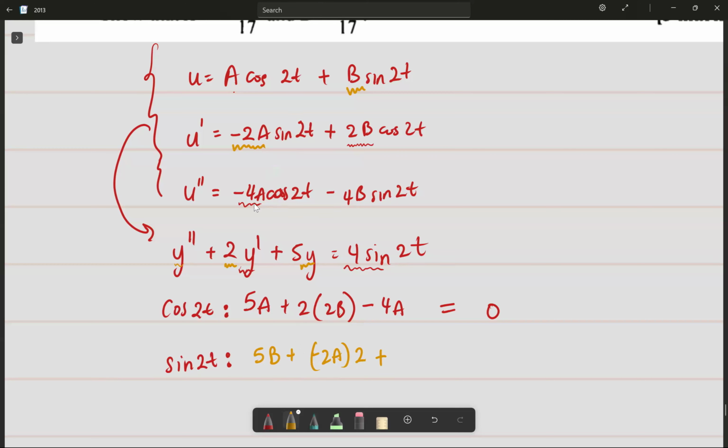And then in this position, we're going to have the negative 4b, minus 4b. We're going to assume that this adds up to what I need it to add up to. Let's find out. No, this is not 0. This is 4.